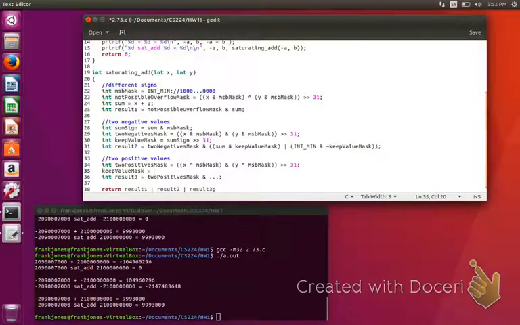So we want it to be all 1s if we didn't have overflow. Well, how do we know we didn't have overflow? We know we didn't have overflow if when we added these two positive numbers, we still have a positive number. Okay, so how are we going to know that? Well, earlier we calculated the most significant bit, or rather the sign bit, of the sum. We called it sum sign.